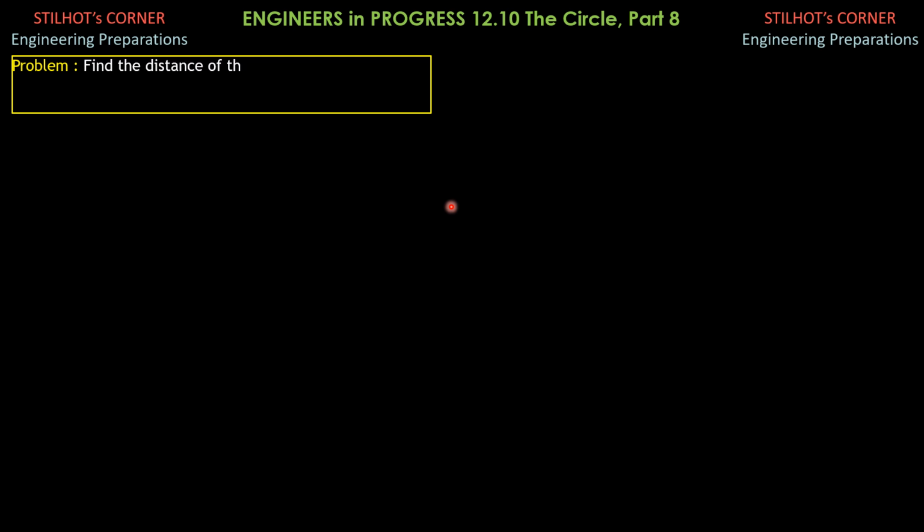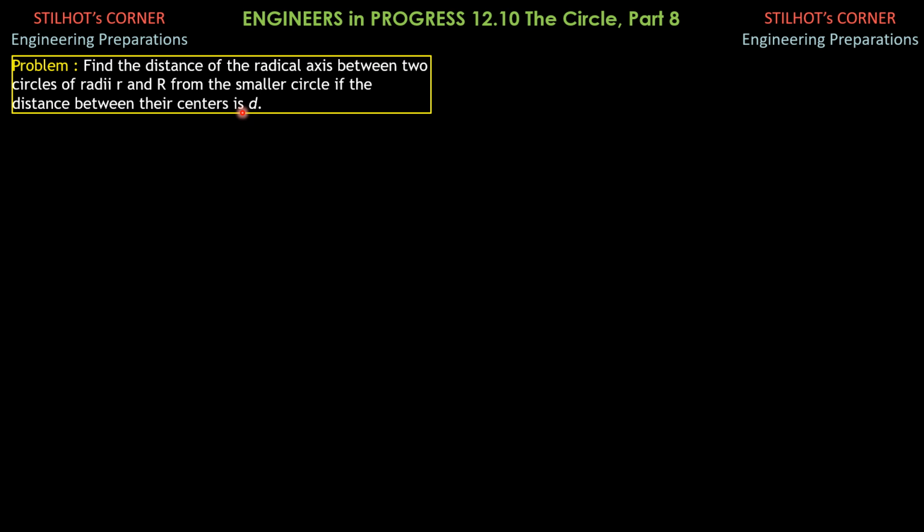Find the distance of the radical axis between two circles of radii small r and big R from the smaller circle if the distance between their centers is small d. Now, for simplicity of the derivation, let's make the centers of the circles, one, the smaller one, at the origin and the bigger one on the x-axis.